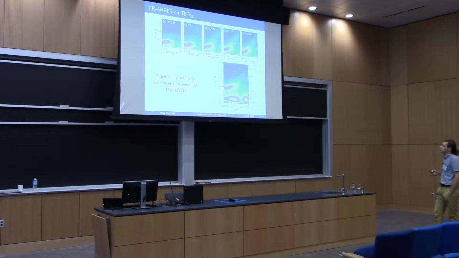At early times there is a gap, which is the charge density wave gap in the system. This horizontal line denotes the Fermi level, and at the moment of pump we see some response from the states above the Fermi level, and for longer times we see that the Fermi level is filled, so the gap is closing, it's collapsing. The same we see in this movie.